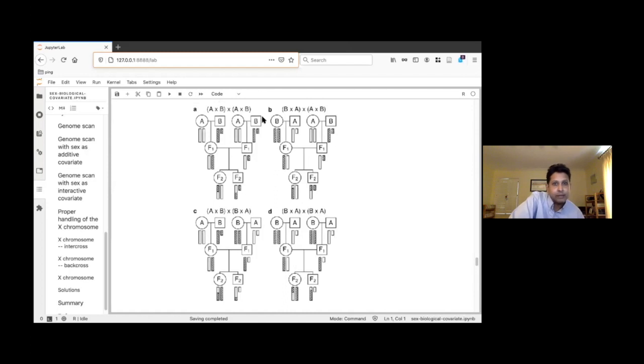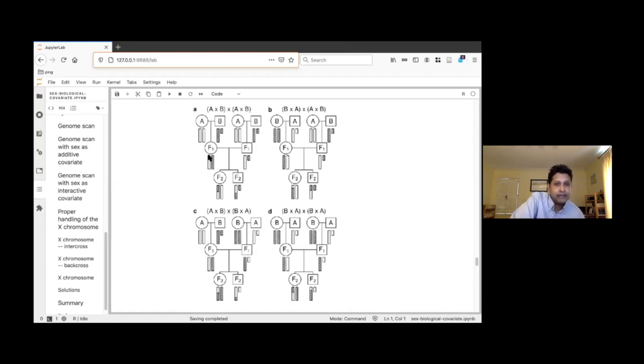So let's look at A by B and A by B. In this F2 cross, the maternal grandmother is A, the paternal grandmother is also A. The maternal grandfather is B, and the paternal grandfather is also B. So now when you mate A and B, the F1 females just look like an autosome.